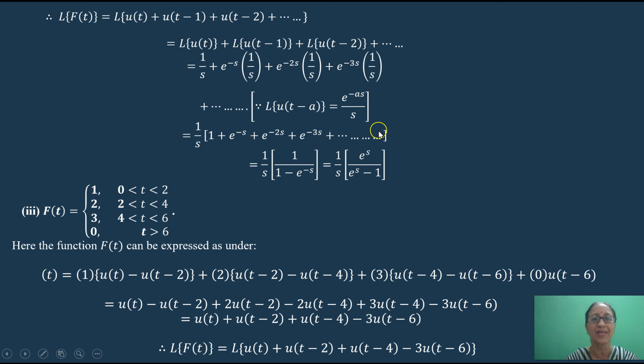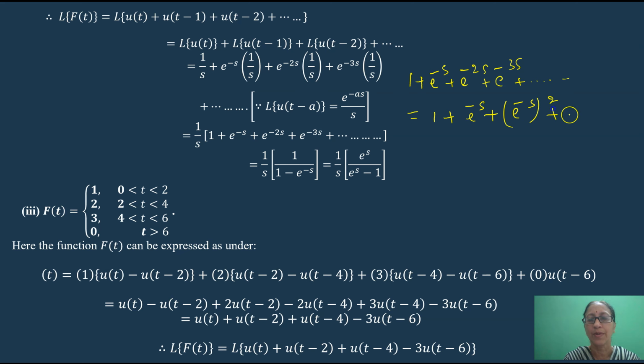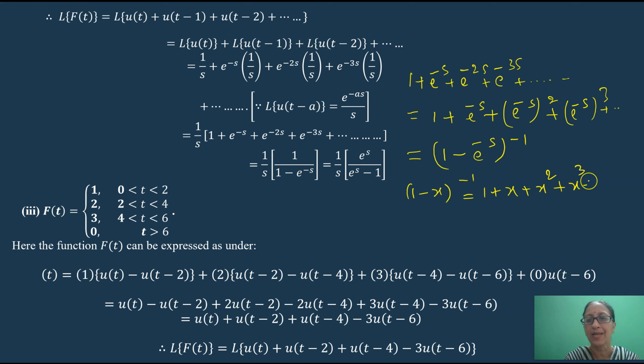minus 2s plus e power minus 3s plus so on, which is equal to 1 by s into 1 by 1 minus e power minus s, because this can be written as 1 plus e power minus s plus e power minus 2s plus e power minus 3s plus so on, can be written as 1 plus e power minus s raised to 1 plus e power minus s whole square plus e power minus s whole cube plus so on, which is equal to 1 minus e power minus s raised to minus 1, because 1 minus x raised to minus 1 equal to 1 plus x plus x square plus x cube plus so on.